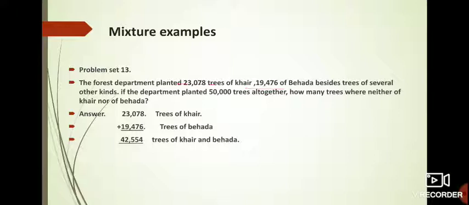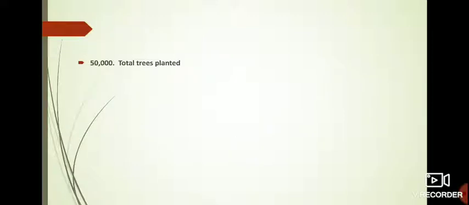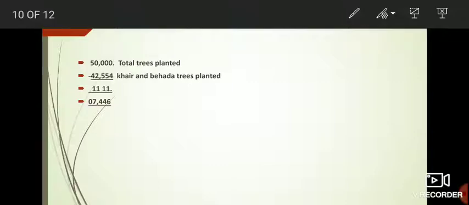Means altogether these are the trees of khair and beda. The total number of trees is 50,000, students. So subtract 42,554 from 50,000. We know the subtraction, borrow 1 from the number, then we will get 7,446 trees.